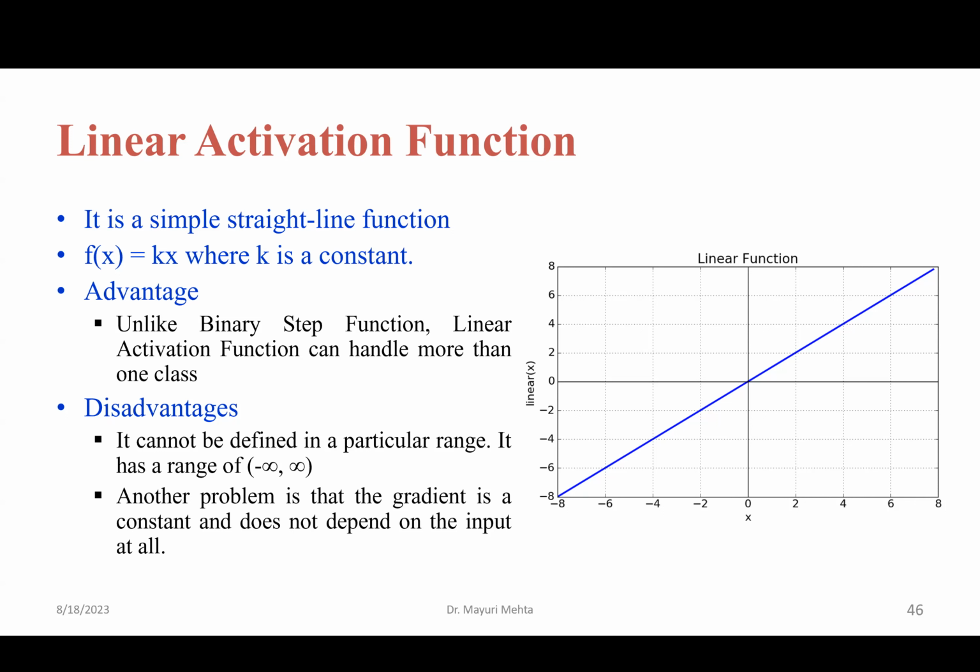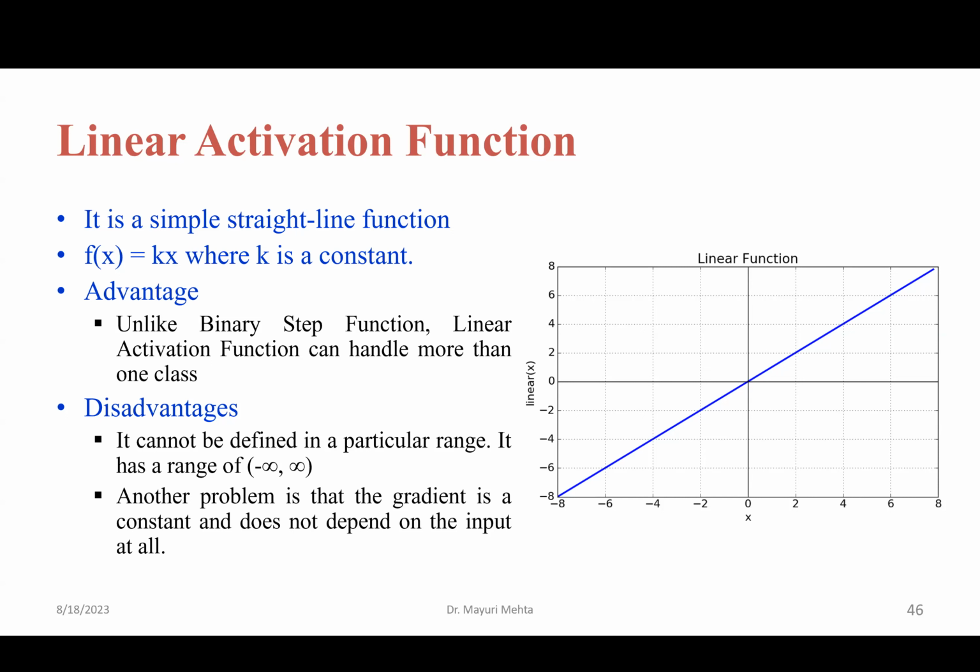And no matter how many layers the neural network has, how many hidden layers, the final layer always works as a linear function of the first layer. So this makes the neural network unable to deal with complex problems. Another problem with this linear activation function is that the gradient is a constant and it does not depend on the input at all. Because of this, during back propagation, the rate of change of error is constant.